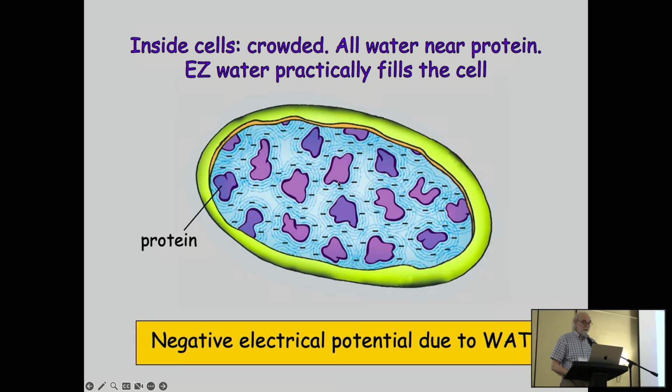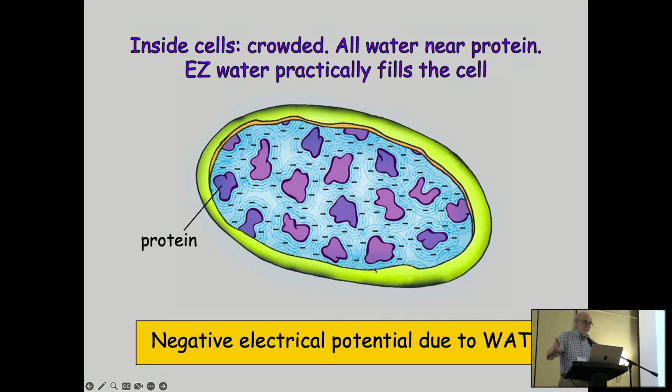And so the conclusion that we reach, or one conclusion that we reach, is that the negative electrical potential of the cell is due to EZ water's negative charge. Now, I know many of you were educated in medical school, and you learned, just as I learned in the physiology course, that the negative charge of the cell had something to do with pumps and channels in the cell membrane.